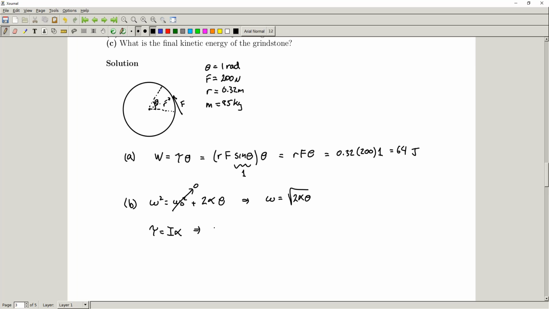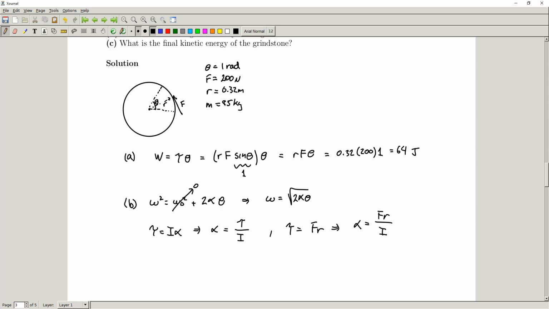So we can rearrange this to write alpha equals tau over I. We just calculated something with tau sort of in it, so we could solve for tau in there, but we could also say, well, we know that tau in this case, because our force is always perpendicular to the radius, is equal to Fr, which means we can solve for our alpha in terms of Fr, both of which we already have, right? And so this means that our alpha is going to be equal to Fr over I.